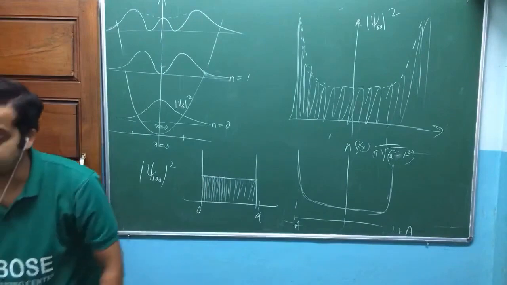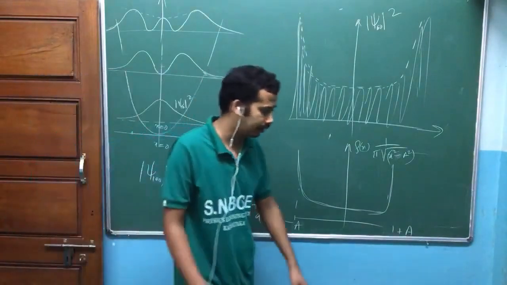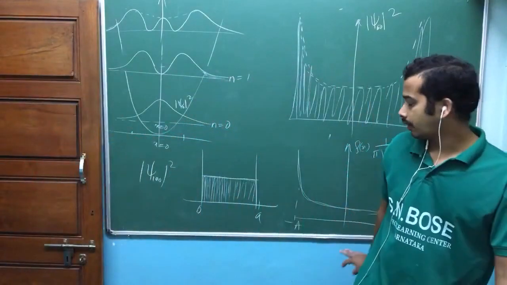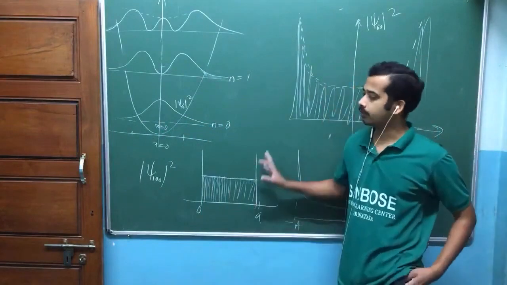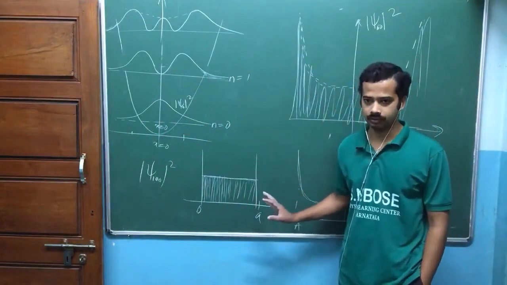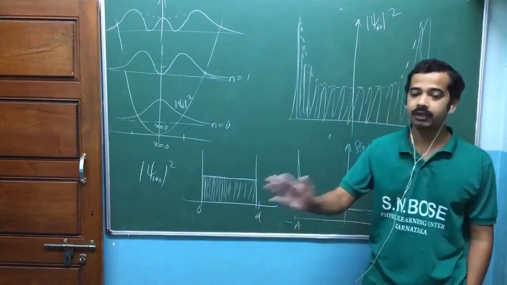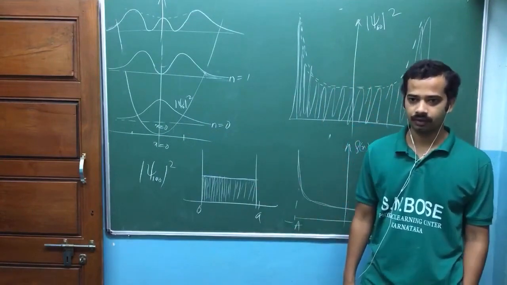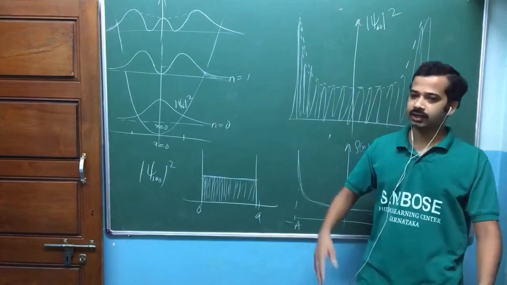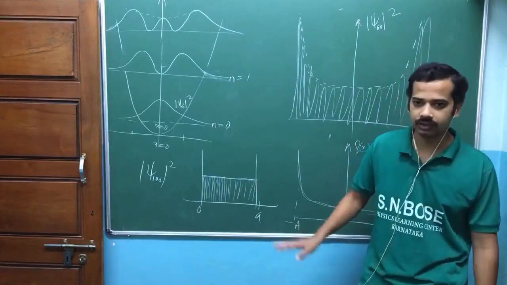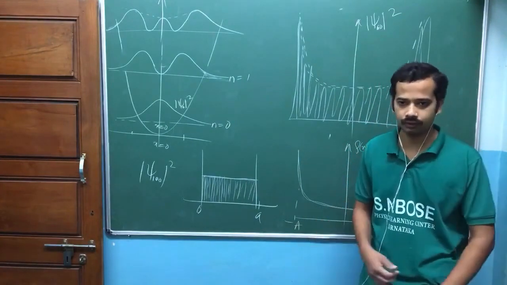For a very large quantum number, look at here. What I am saying is, for a microscopic particle, if you go to a very large quantum number, it will behave like a classical one. If the particle size itself is large, definitely the quantum mechanical description will not work, and you should go for classical.